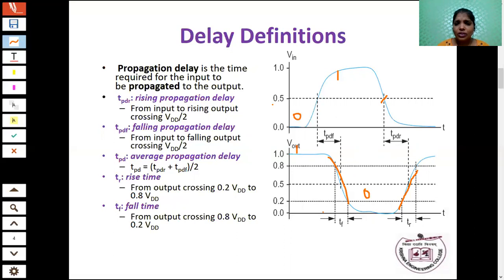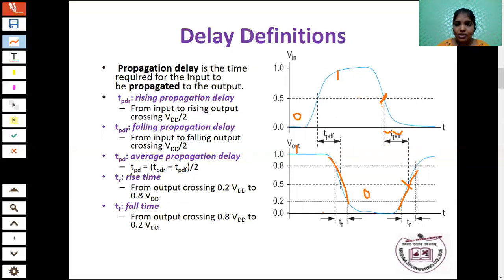So the time required for the input to cross 50%. Here the input is crossing 50%, and then you have to check the corresponding time at which the output crosses 50%. The difference between these two points is the rising propagation delay.